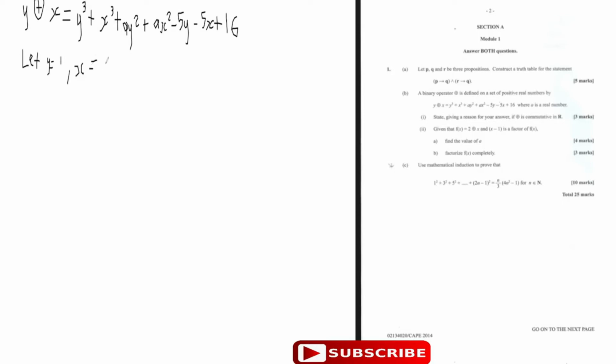If y equals 1 and x equals 2, what you get is 1 circle plus 2. That would be 1 cubed, which is 1, plus 2 cubed, which is 8, plus a times y squared, which is 1, so it just becomes plus a, plus 2 squared is 4, that becomes 4a, minus 5, minus 10, plus 16.